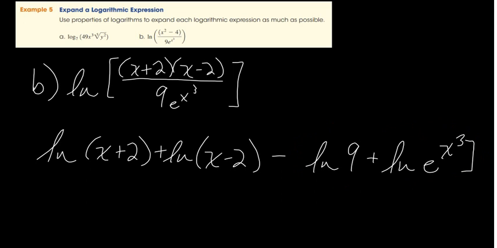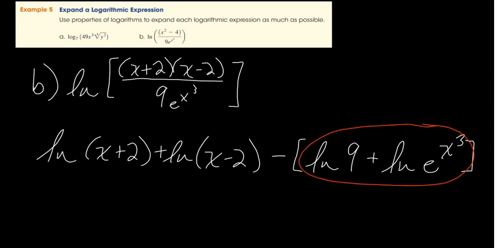If I were to work this backwards, because right now we're expanding, and condense this, because the minus is only attached to the natural log of 9, it would appear only the natural log of 9 is in the denominator. That's why we have to put that bracket there, to show that this entire right side is in the denominator.